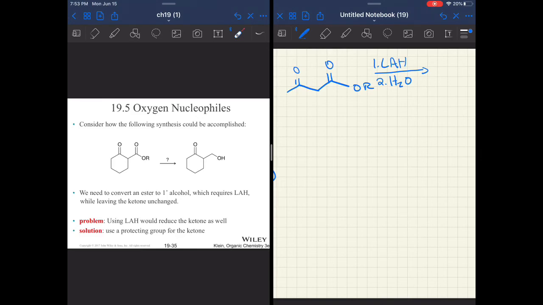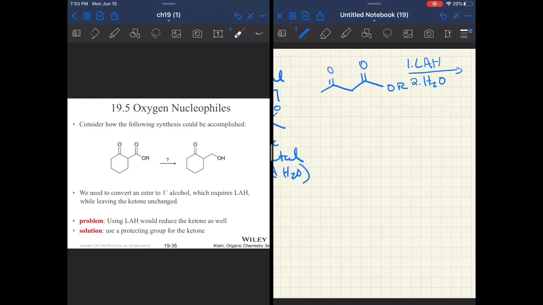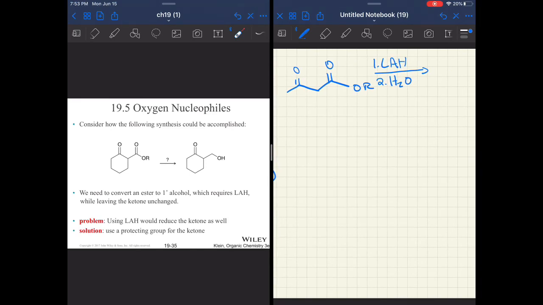If I treat this compound with these reagents, what I will wind up doing is reducing both carbonyls to alcohols. So I have 4 carbons and I reduce the ester to an alcohol and I reduce the ketone to an alcohol. Now I already had some selectivity from organic 1.